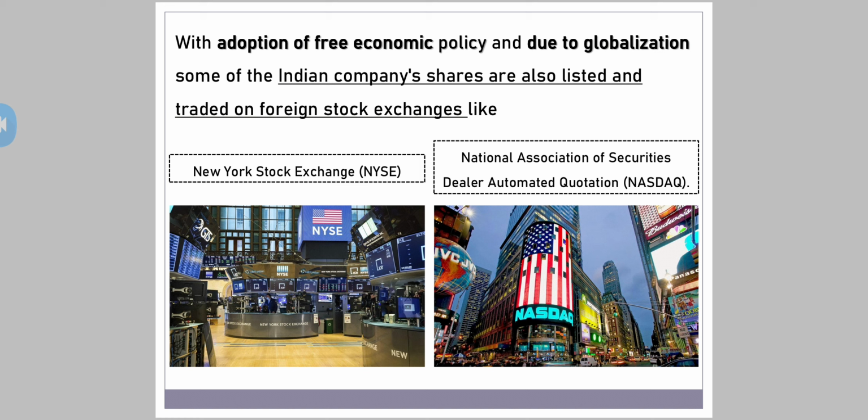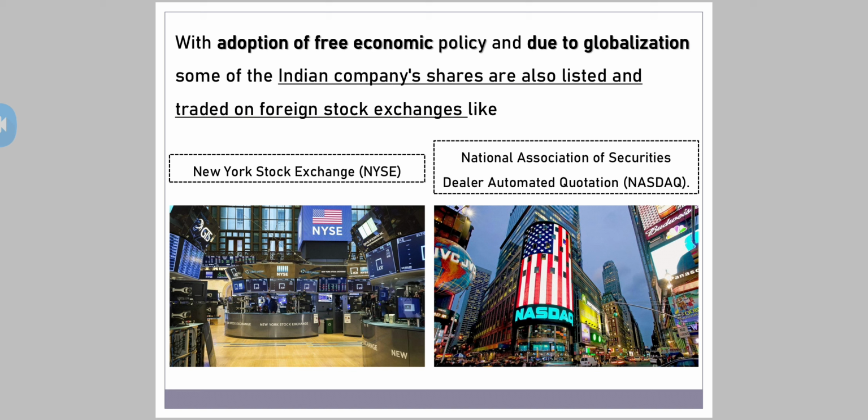That means the shares of Indian companies are listed and traded in foreign stock exchanges like the New York Stock Exchange and the National Association of Securities Dealers Automated Quotation, that is NASDAQ. Okay, New York Stock Exchange, NYSE, and then you have NASDAQ. These are the two foreign exchanges where Indian companies' shares are listed and traded.